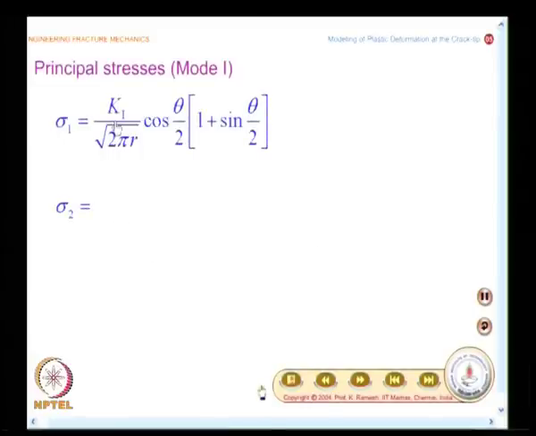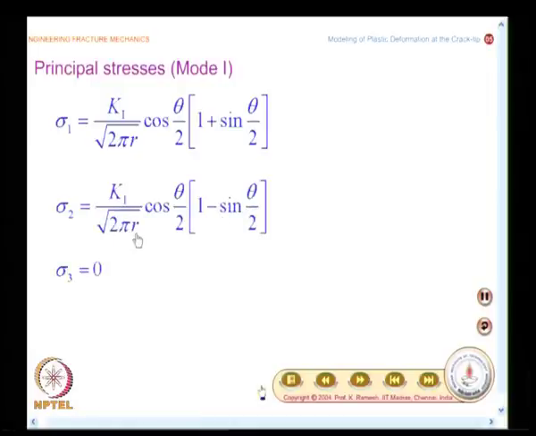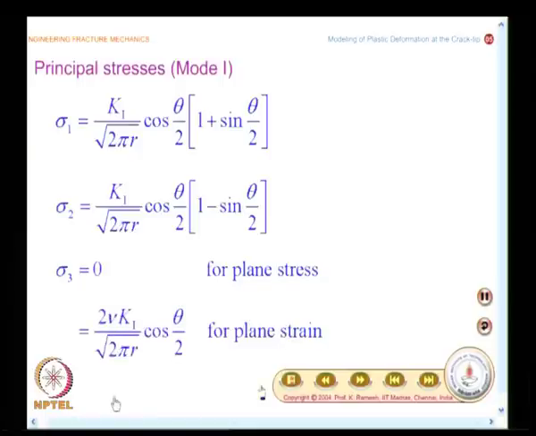Sigma 1 is given as K1 by root of 2 pi r cos theta by 2 multiplied by 1 plus sin theta by 2, and sigma 2 is K1 by root of 2 pi r cos theta by 2 multiplied by 1 minus sin theta by 2, and in the case of a plane stress situation, sigma 3 is 0. In the case of plane strain situation, which is seen in thick plates, I have sigma 3 given as 2 nu K1 divided by root of 2 pi r cos theta by 2.